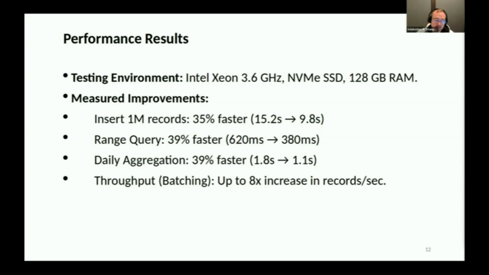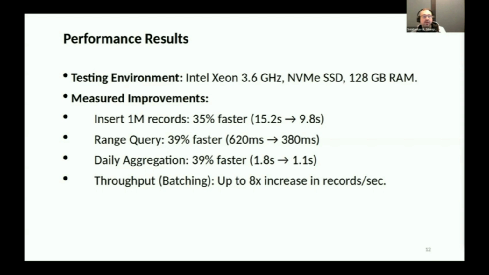So in general, we have 35% faster insert. We have almost 40% faster range queries, like, show me my operations between this date and that date. We have 39, like 40% faster aggregation day by day.